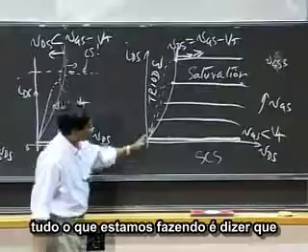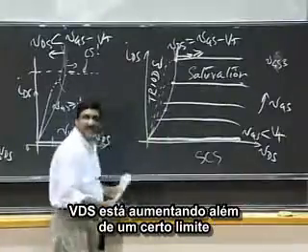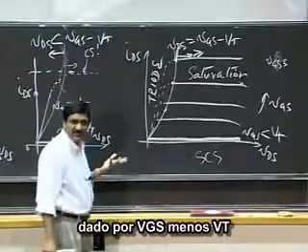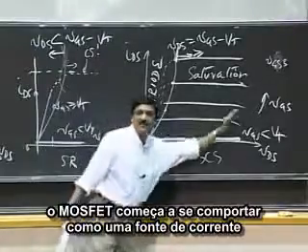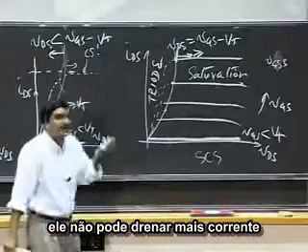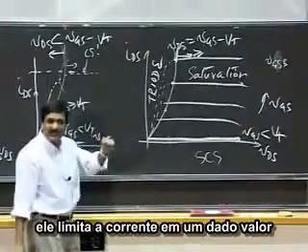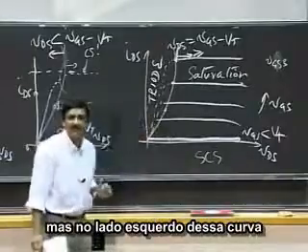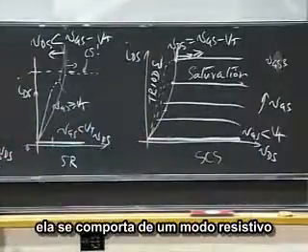All we're doing is saying that when VDS is increased beyond a certain limit, given by VGS minus VT, the MOSFET begins to behave like a current source. It can't draw any more current. Okay, it limits the current to a given value, like a current source. But on the left-hand side of this, it behaves in a resistive manner.